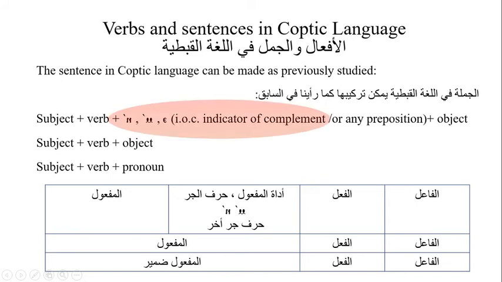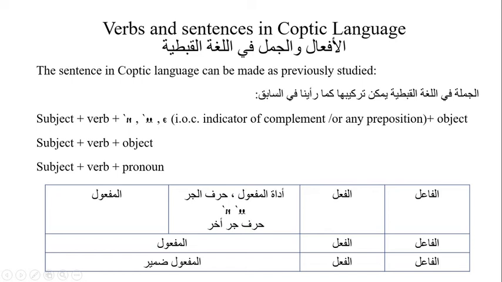N is the standard case, all verbs, m if the word following begins with b or psi, and a, the verb itself takes a. For example, travel, the verb gets a, not n. To see, verb to see, nav, it gets a, not n.